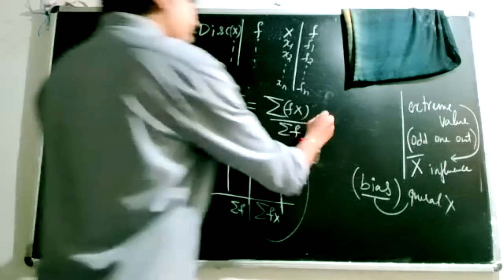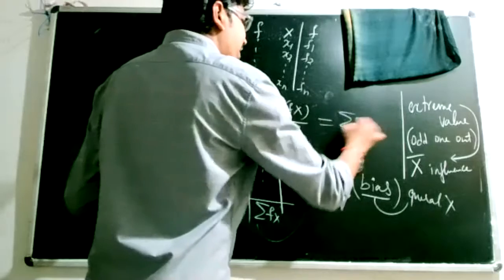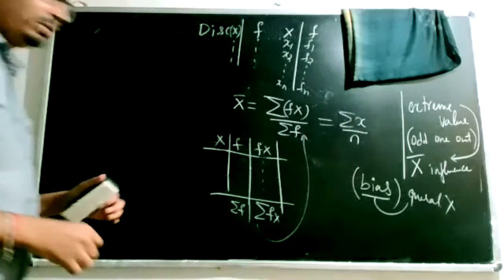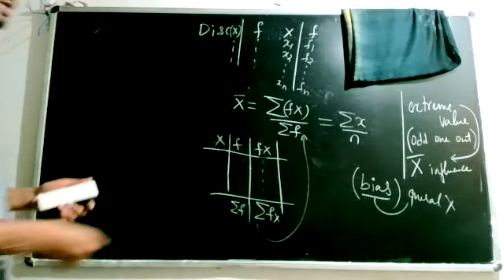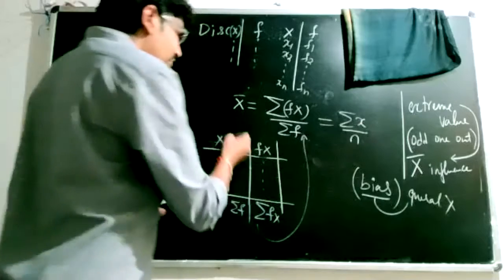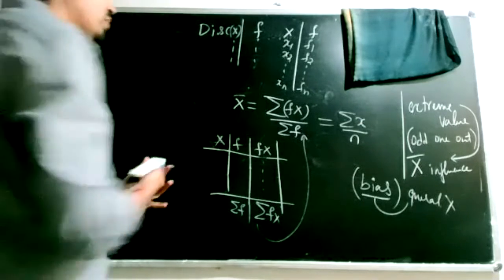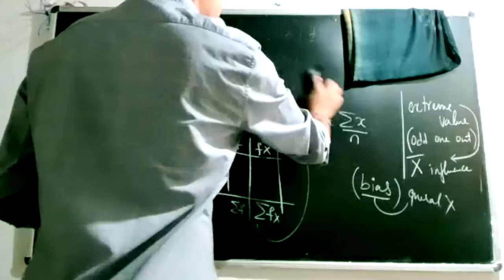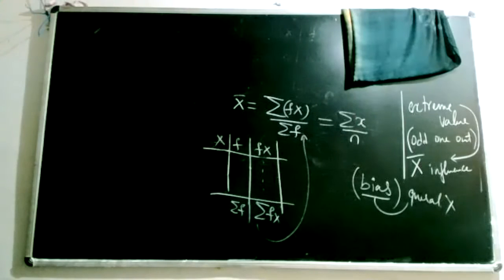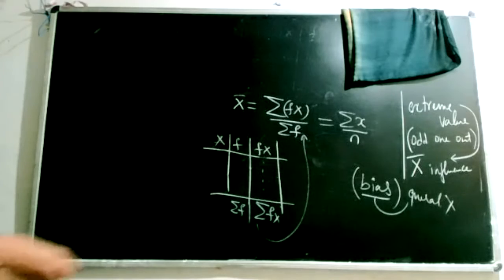Now the question: how is this equal to the same definition we observed in the previous case? We have the same set of x values. The only thing is that we are talking about repetitions. Adding a certain number x, f number of times, is the same as multiplying it by f.